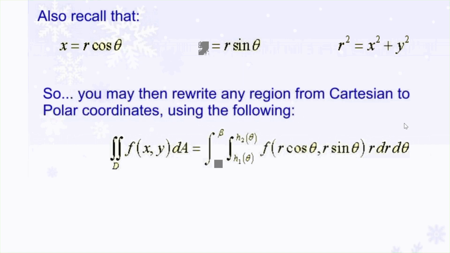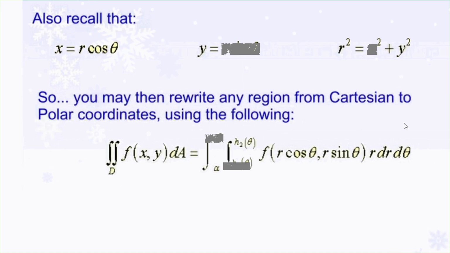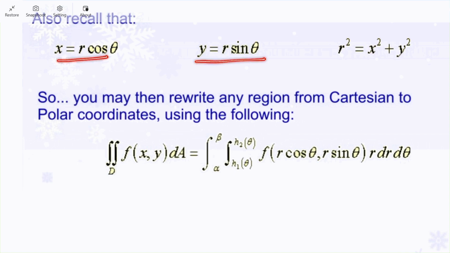Other tools which will help us convert to polar coordinates, these we talked about earlier this year. You also talked about it last year. We have that x equals r cosine theta, y equals r sine theta, and as always, x squared plus y squared is r squared.